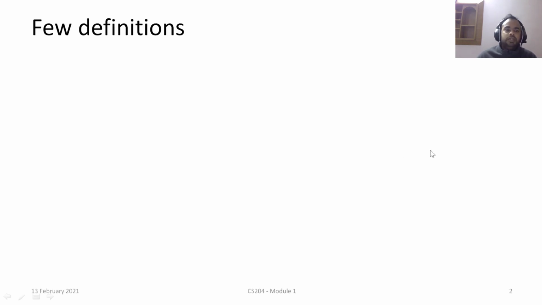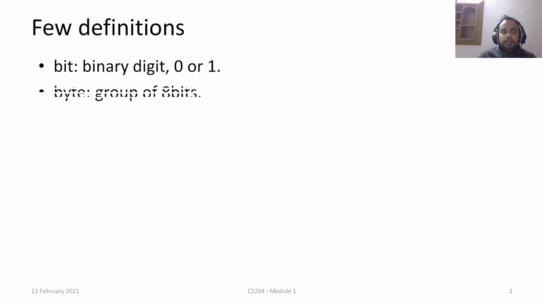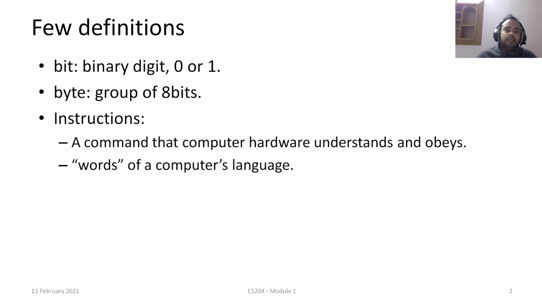A few definitions to begin with, some of them you are well versed with. Bit represents a binary digit which can hold a value of 0 or 1. Byte is a group of such 8 bits. And then what we have is instruction or instructions, a group of them.